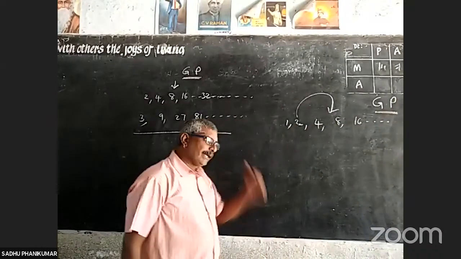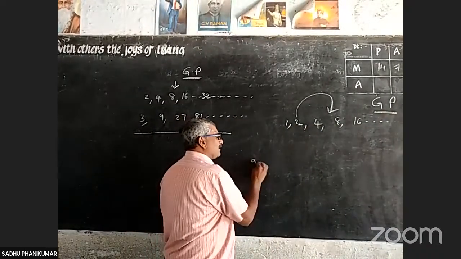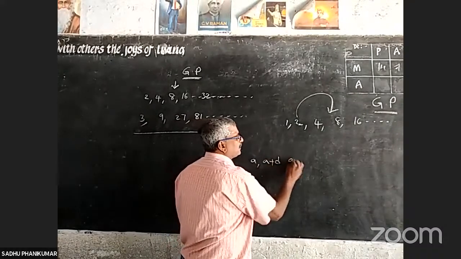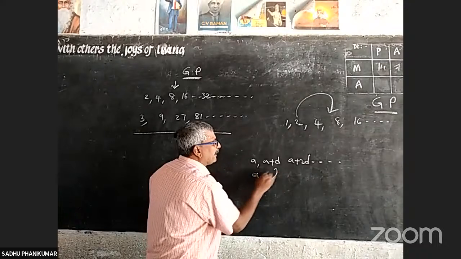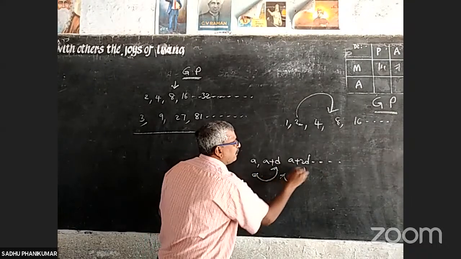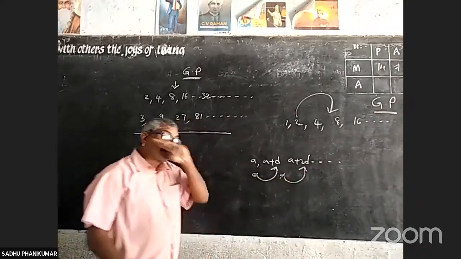Remember in the AP, a, a plus d, a plus 2d, like that. That means the difference between every two side by side terms is constant.